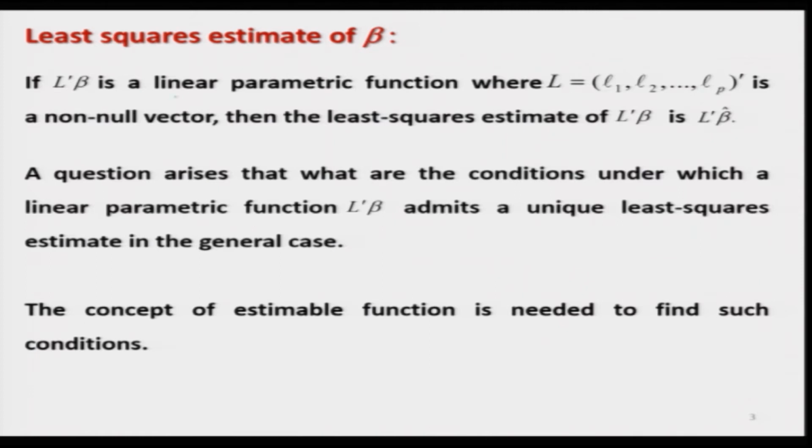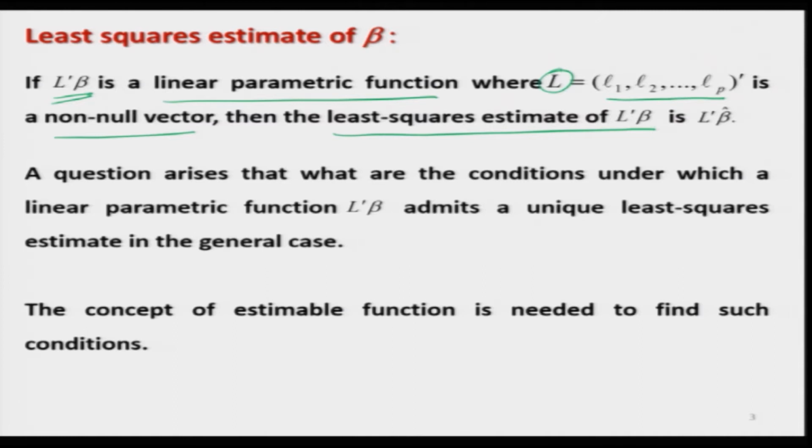Suppose the linear parametric function is given by L transpose beta, where this capital L has the elements L1, L2, ..., Lp that are some known scalars, and this capital L is a non-null vector, that means L1, L2, ..., Lp are not all equal to 0. And suppose we want to find the least square estimate of L transpose beta, the linear parametric function.